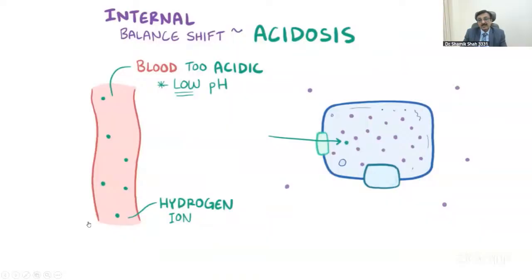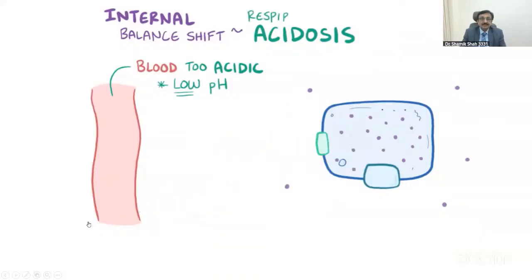Hydrogen ions go inside the cell in exchange for potassium ions which move outside the cell. Ultimately the acidosis gets corrected because the hydrogen ion moves inside the cell, but as a consequence, a lot of potassium ions leave the intracellular space and come out into the extracellular space, including the blood, which causes hyperkalemia.